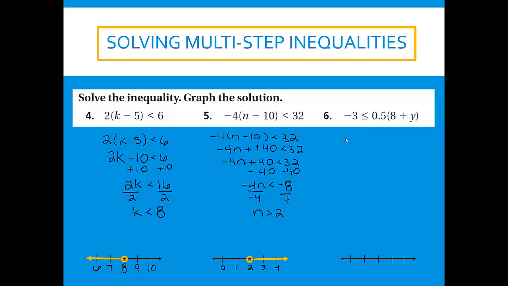Now let's look at number 6. We have -3 is less than or equal to 5/10 times the quantity 8 plus y. So we'll have -3 is less than or equal to, and we use the distributive property, so we have 5/10 times 8, and that would be 4, and then plus 5/10 times y, which would be 5/10 y.